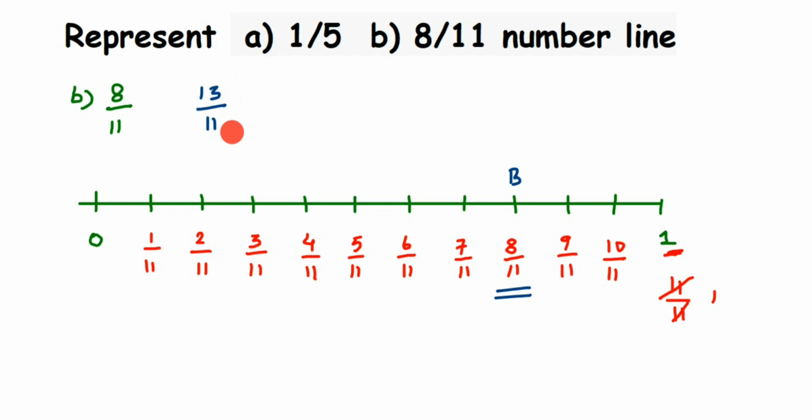So an improper fraction doesn't lie between 0 and 1, it lies between some other numbers. So in case you have 13 by 11, then you have to continue. After 1 the next number is 2. So again between 1 and 2 you have to make 11 parts, then you continue 11 by 11, then 12 by 11, and then 13 by 11. Like that you have to do it.